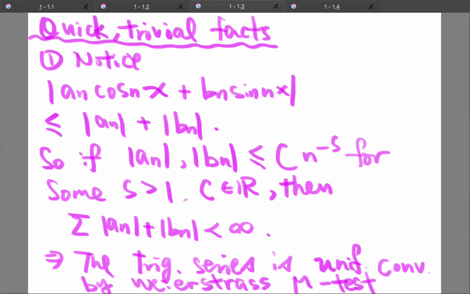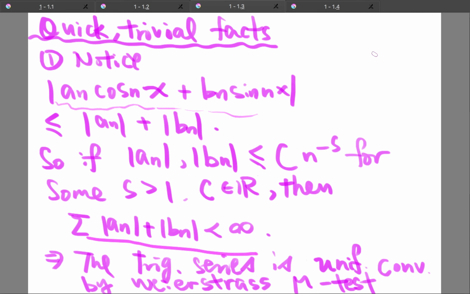And if the absolute values of a_n and b_n are smaller than c n to the negative s power for some s greater than 1, where c is a real number, then this sum becomes less than infinity, which means it converges. Well, if this converges, then by the Weierstrass M test, one can show that this one is indeed uniformly convergent.